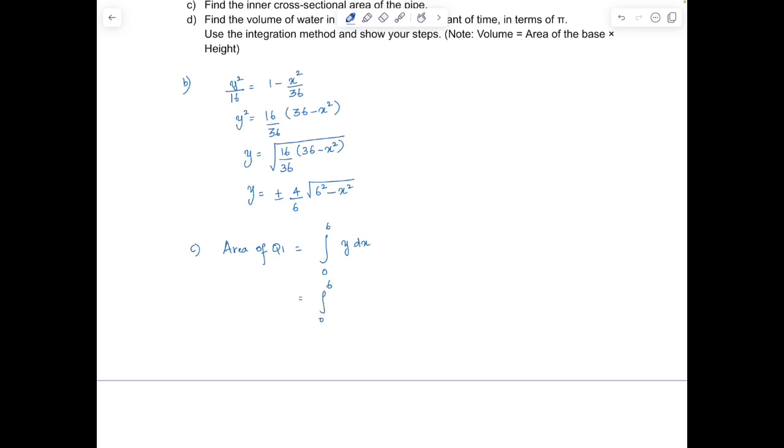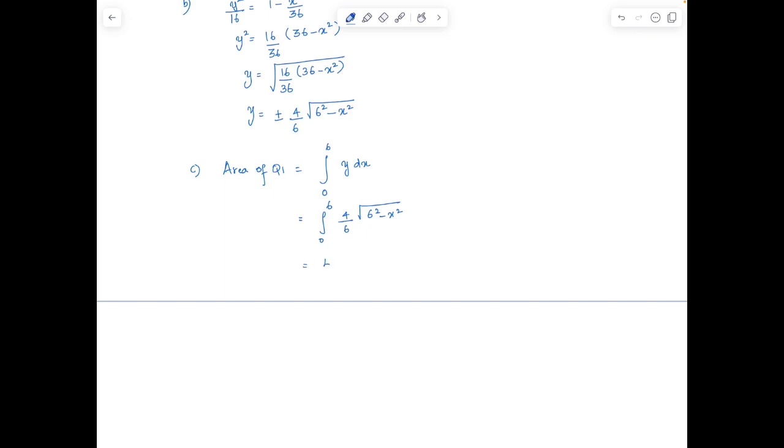Which is equal to integral 0 to 6, where y is 4 by 6 root 6 square minus x square. This becomes 4 by 6 integral 0 to 6 root of 6 square minus x square. Applying the formula, integral 0 to a of square root of a square minus x square dx is equal to x by 2 root a square minus x square plus a square by 2 sine inverse of x by a.